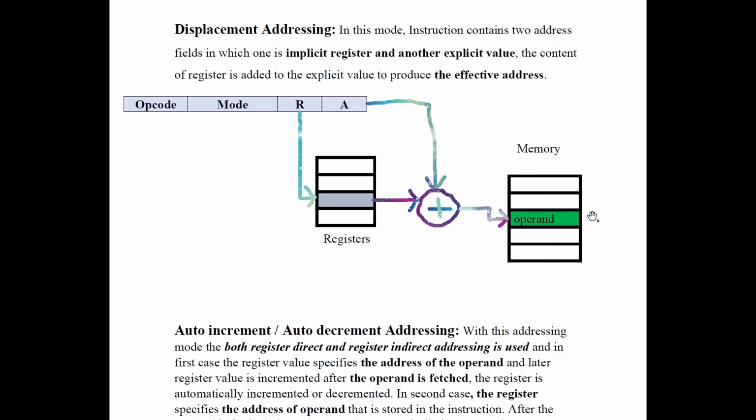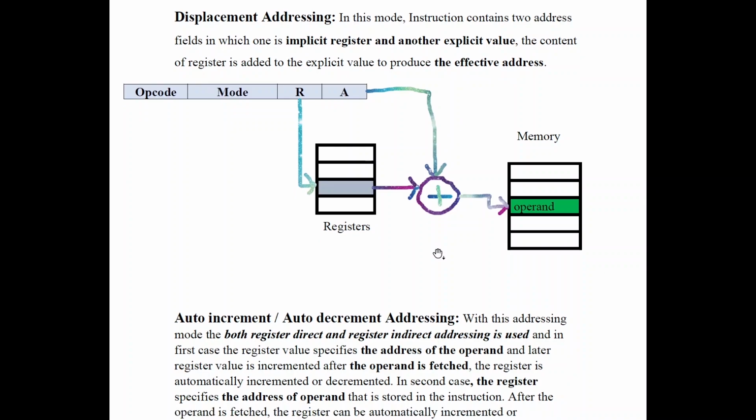So we are having one memory reference for getting the operand here, but the first two parts are registers. The register is giving the initial address, and then we are adding the explicit value to get the effective address.